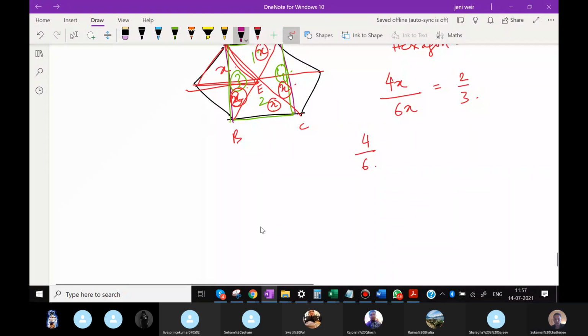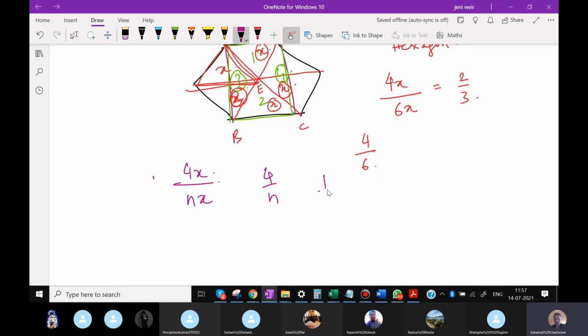So that means for an n-sided polygon, there would be n number of such triangles. So that means the total area would be nx, and the area of the rectangle will be 4x. So this would be 4 by n for an n-sided polygon.